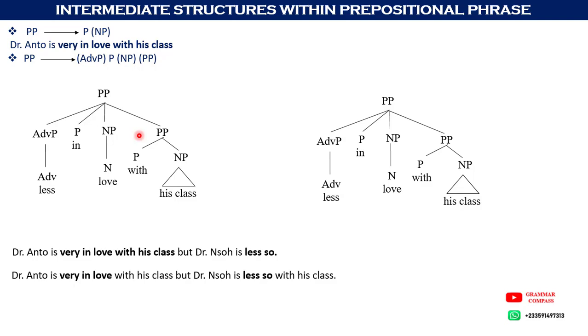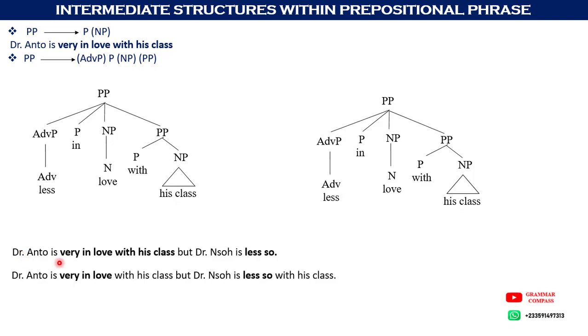In prepositional phrases, you cannot do the one replacement test as you do for the noun phrase. You cannot do the "did so" or "does so too" test as we did for the verb phrases. Now the test that we are going to use for the PP is the "so" replacement test, which means we can replace some constituents within the prepositional phrase with the word "so." Let us have this example.